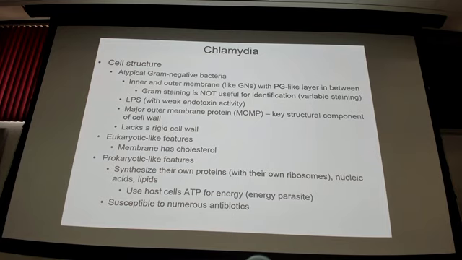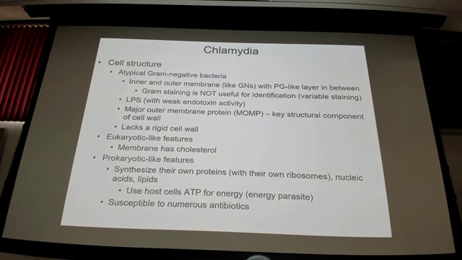These have a peptidoglycan-like layer in between, but it's not exactly peptidoglycan. The only major implication you need to know is that it makes staining very difficult. If you were to try and stain one of these tiny bacteria, you might get an opaque color, or they might not stain at all. So for that reason, we use other stains if we want to stain them.